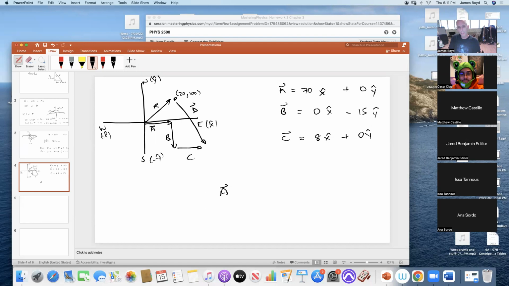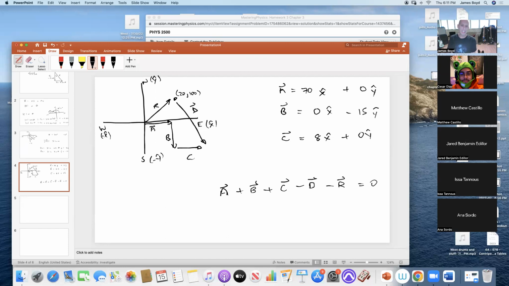We get A, because we're going along A, plus B, plus C, minus D, because we're going backwards to Ward's house, minus R. Okay. Now, this is equal to 0.